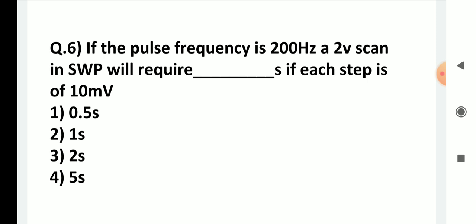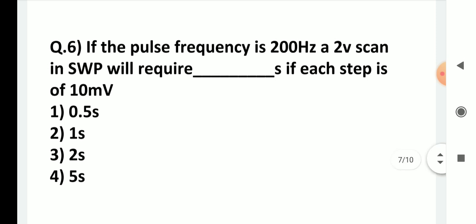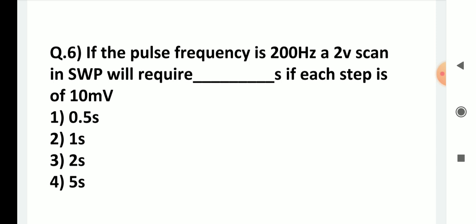If you divide 2000 millivolts by 10, you'll get 200 steps. So you have to take 200 steps in that square wave polarographic analysis. Now the frequency is 200 Hz. 200 Hz means there will be 200 steps per second.